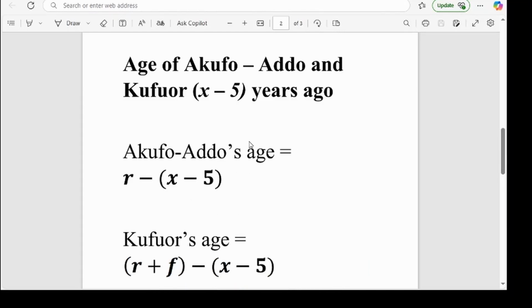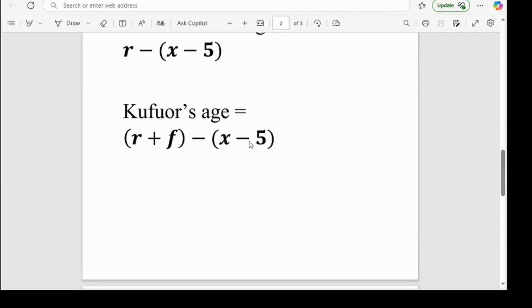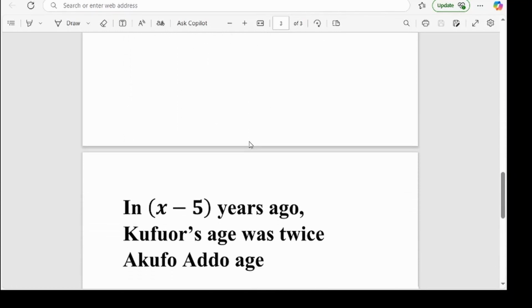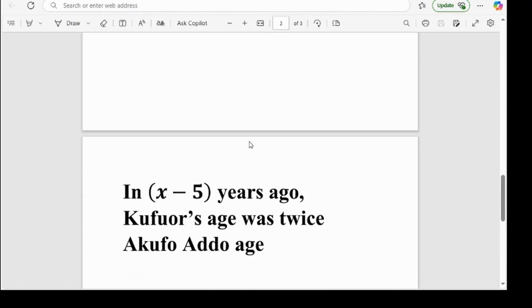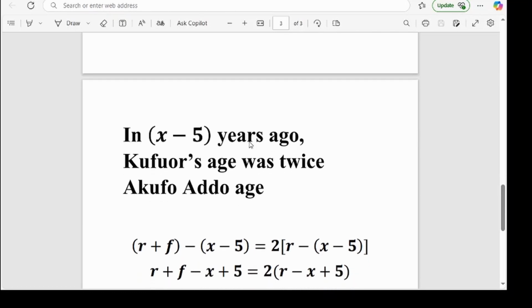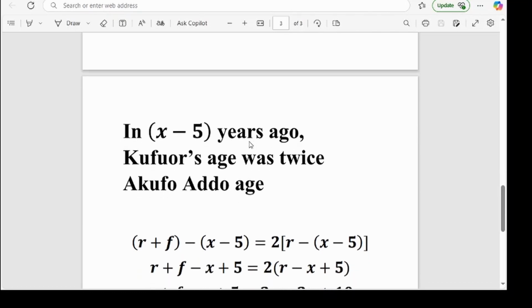So Akufo-Addo's age S minus 5 years ago was represented as R minus in bracket S minus 5, right? So S minus 5 years ago, Kufuor's age was twice Akufo-Addo's age.